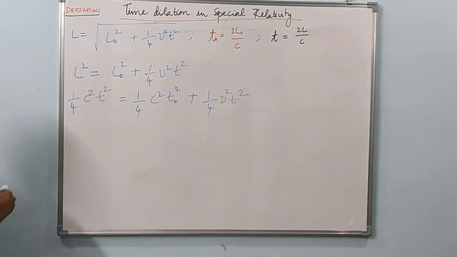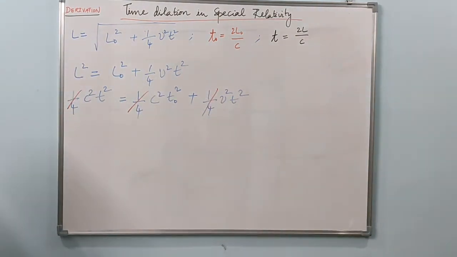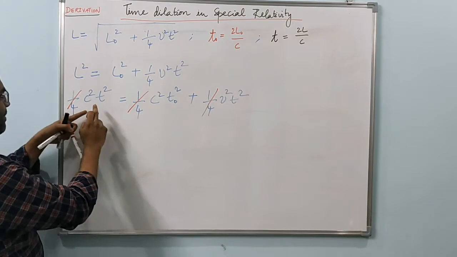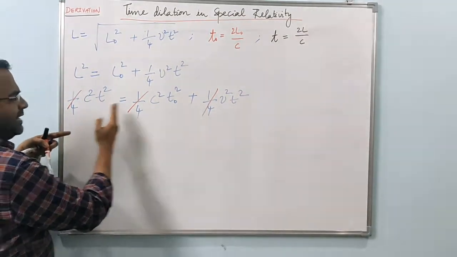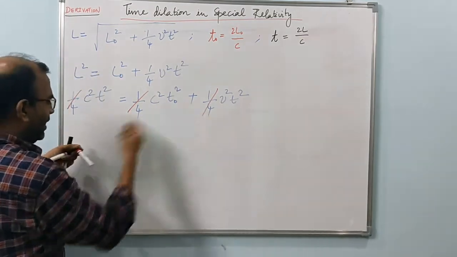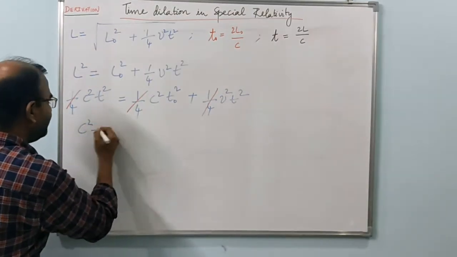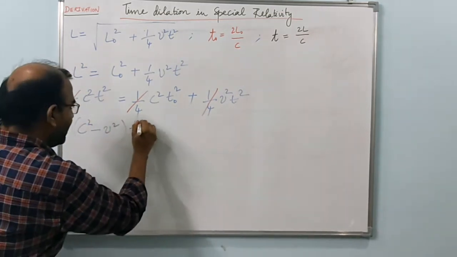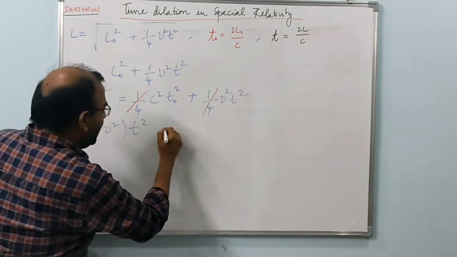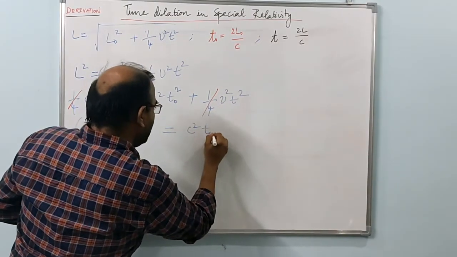So now what is common here? 1/4 gets cancelled everywhere, and then we'll combine these two terms. Both have C squared T squared and V squared T squared, so T squared can be combined here. So we'll write the next step as C squared minus V squared multiplied by T squared, which is a common factor, and on the right hand side you still have C squared T naught squared.